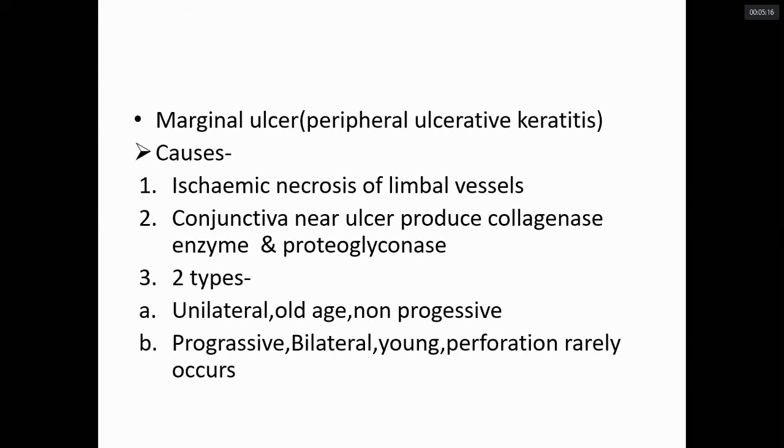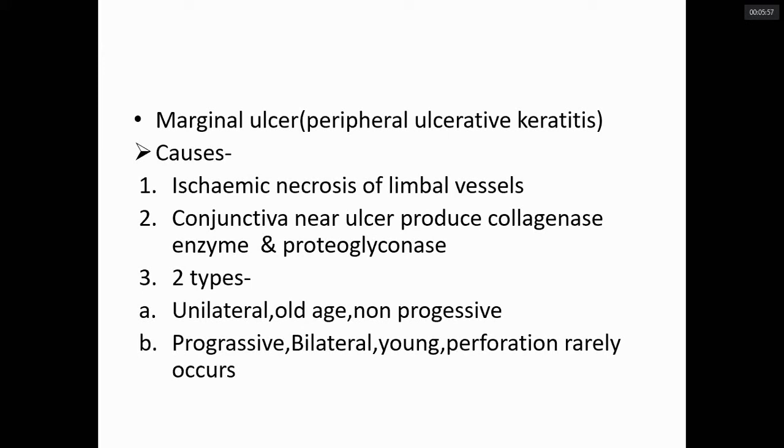Marginal ulcer, or peripheral ulcerative keratitis. When the ulcer occurs in the margin, in the limbal area, this condition is known as marginal ulcer. The cause is ischemic necrosis of the limbal vessels, after which collagenase enzymes are liberated and cause the ischemic changes and the ulcer.